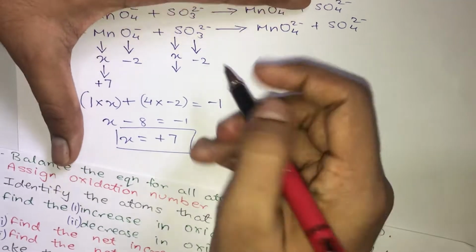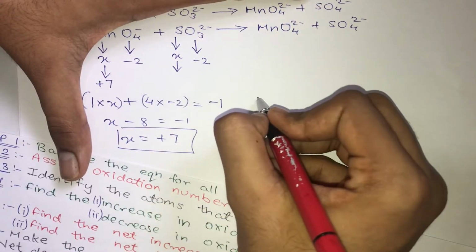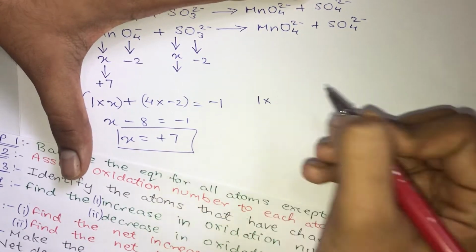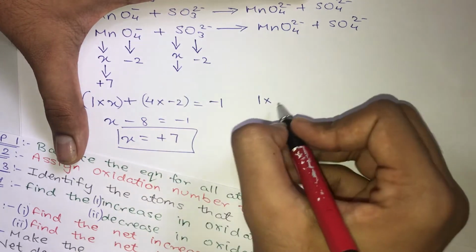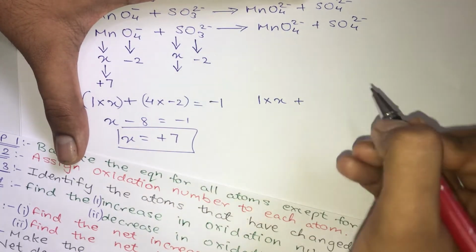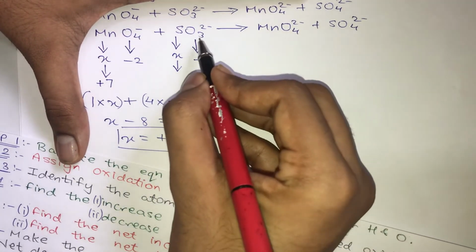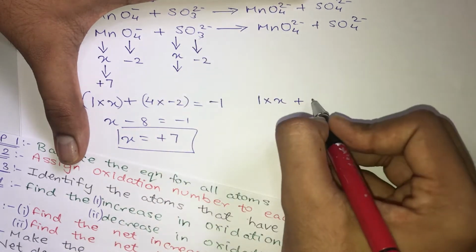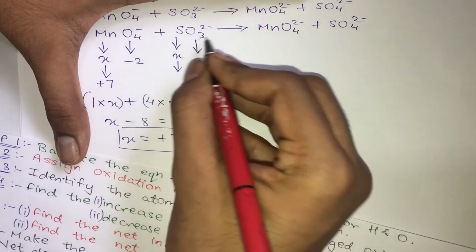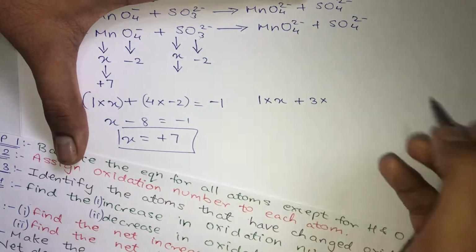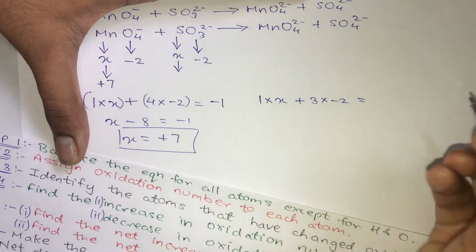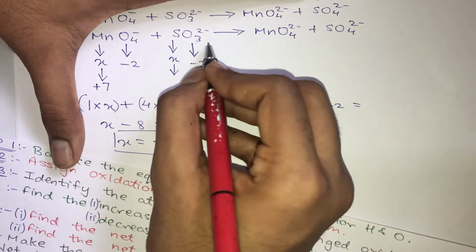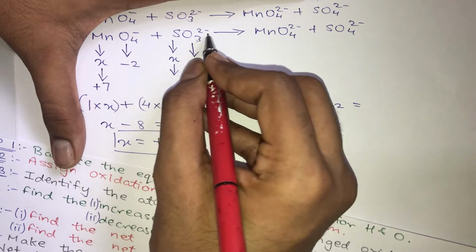Okay, next, how many sulfur atoms are there? There is only one sulfur atom. So 1 times the oxidation number of sulfur, which is nothing but X, plus how many oxygen atoms are there? 3. So 3 times the oxidation number of oxygen, that is -2, should be equal to the total charge on this molecule, which is nothing but 2-.